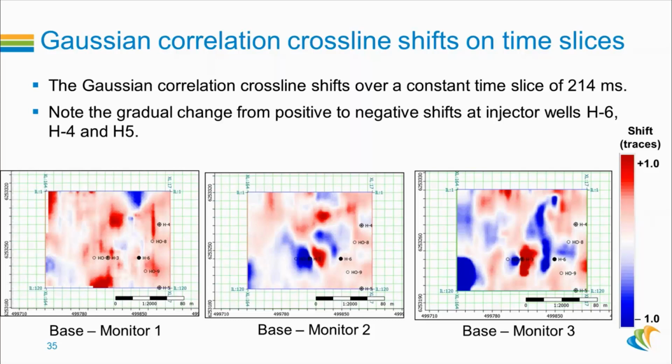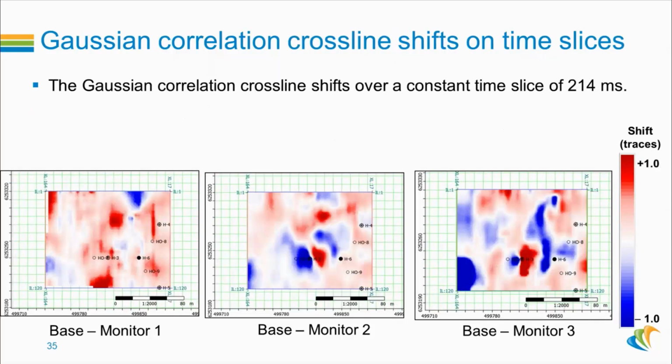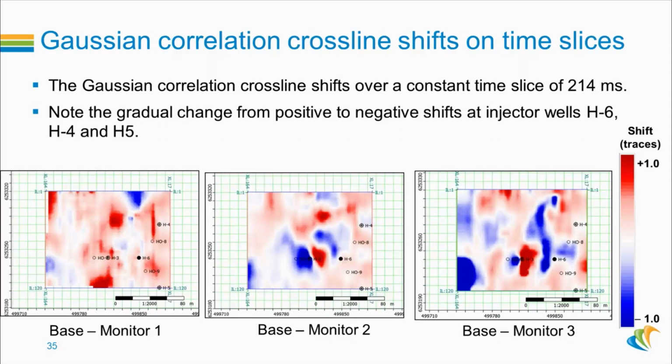Again, we don't know what to expect in terms of the crossline shifts, but let me compare with the inline shifts again. You can see a kind of halo effect around the reservoir, as you might expect. Likewise, in the crossline shifts, we're seeing a kind of vertical effect.